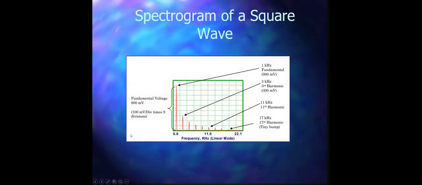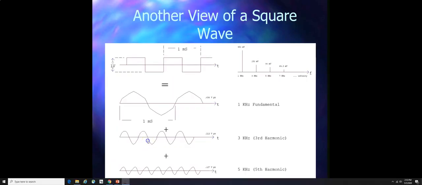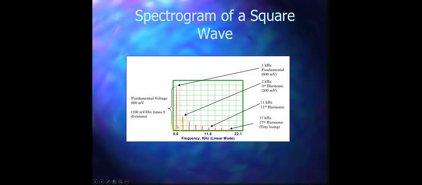Here, if you use the spectrogram, then you will see the square wave signal will look something like this. The signal you see here represents the fundamental frequency at 1 kilohertz, and it measures 900 millivolts.